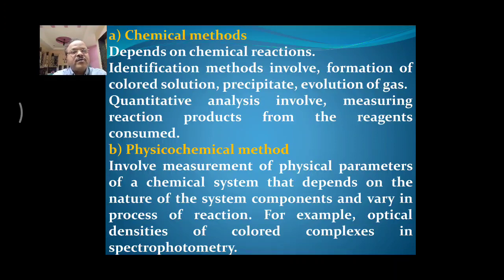When we say a particular element is present, it is because we get a colored solution, a precipitate, or evolution of gas. This is how we carry out qualitative analysis under chemical methods. Quantitative analysis involves measuring reaction products from the reagents consumed.